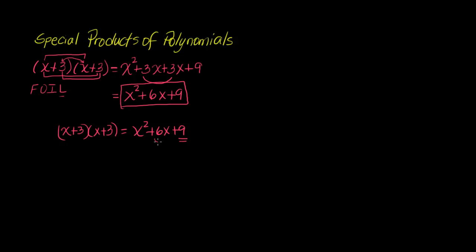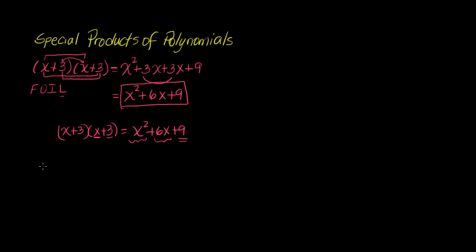This middle term here, 6x, comes out of multiplying x times 3, which is 3x, and multiplying it times 2. So 3 times x, 3x times 2, 6x. And the first term comes out of squaring the first term in the binomial, x squared.